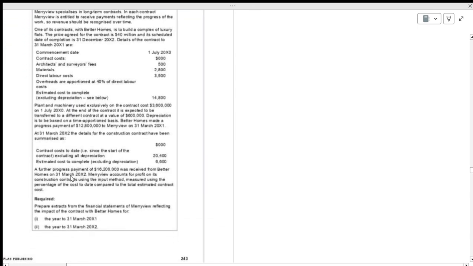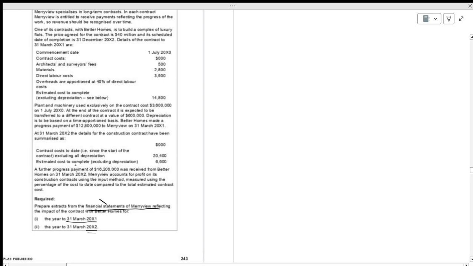This is a complete one. Prepare extracts of financial statements of Meriview. This is not that clear, so if you have the printout, please refer to it. They are asking us with respect to 31st March 2001 and 31st March 2000, extracts of financial statements.